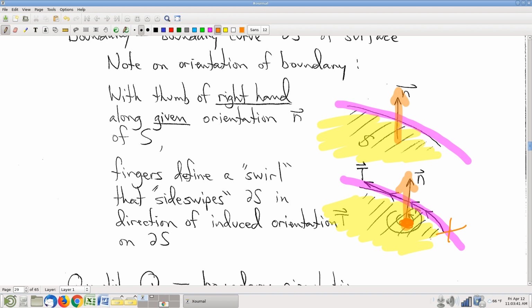Just go near the boundary. Near the boundary, we're going to create what I like to call a swirl. This is just for geometric intuition. This is not rigorous. By a swirl, I mean imagine a little whirlpool going around that normal vector.